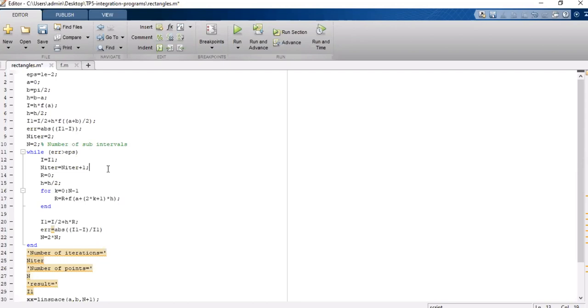I equals I1, and the number of iterations is the number of iterations plus 1, just to see how many iterations it needs to get the result. So r equals 0, h is equal to h over 2, so I divide h by 2.